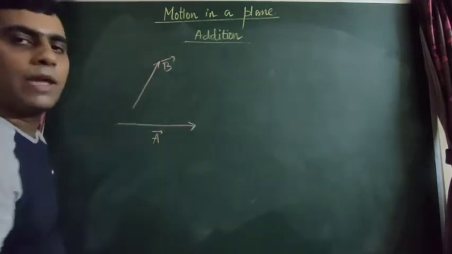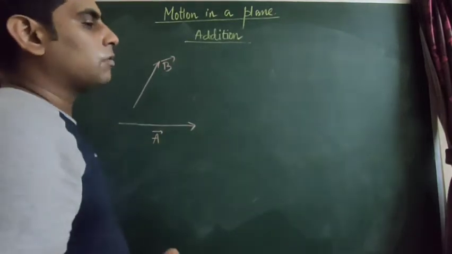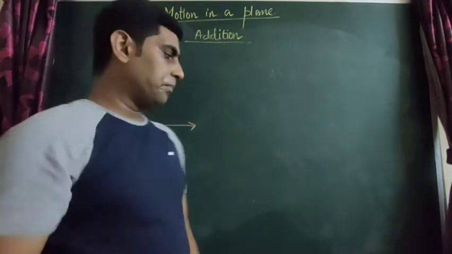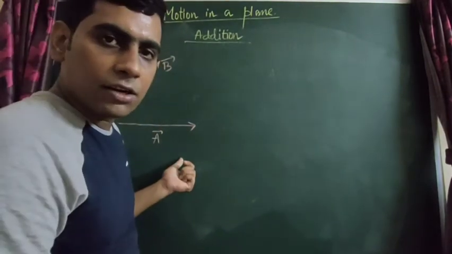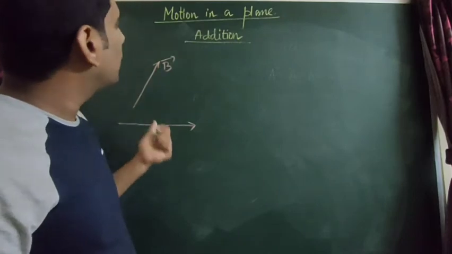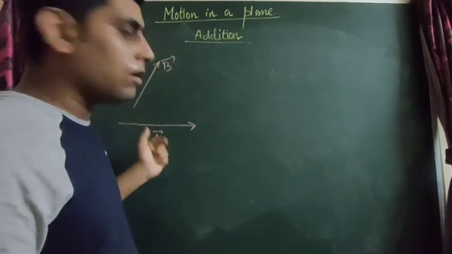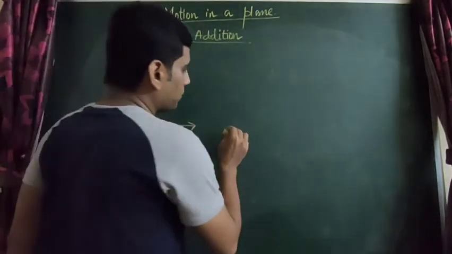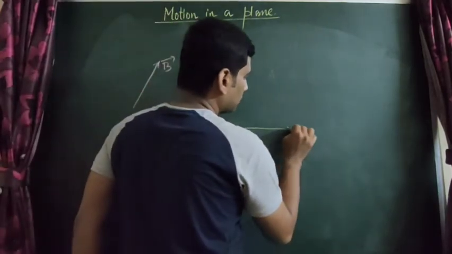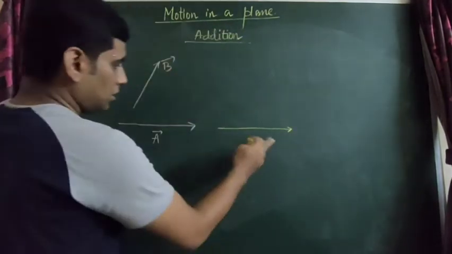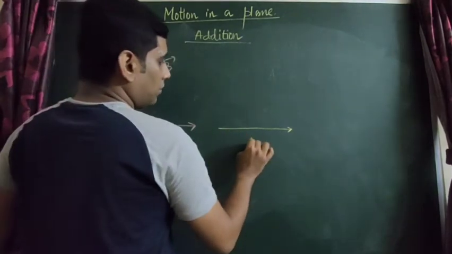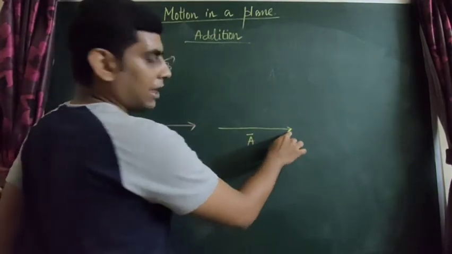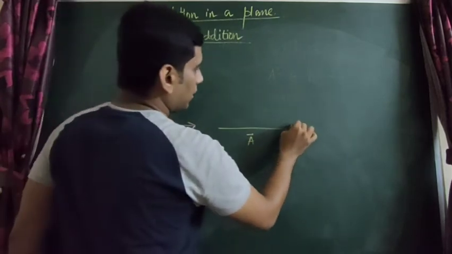These 2 vectors need to be added. Now remember, for addition there is a rule. You can draw either the B vector with the A vector, or the A vector with the B vector, meaning B plus A or A plus B. But the rule is that first you have to draw the vector A. The directions I will not change. But at the end of the A vector, where the A vector ends, from that point you have to draw the B vector.